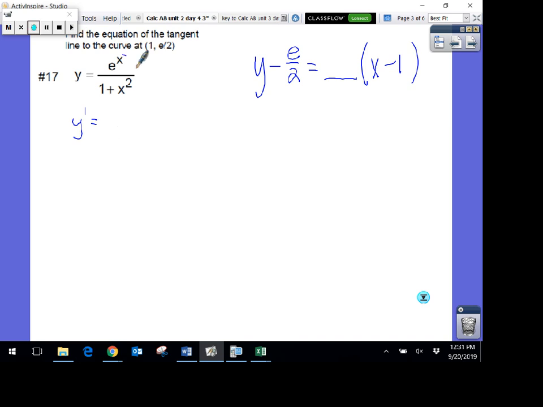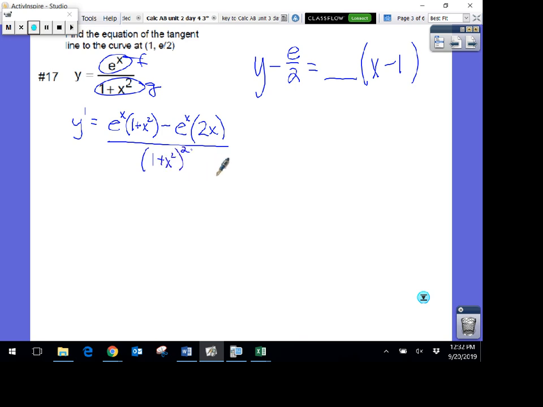All right, so this is our f, this is our g. So f prime, the derivative of e to the x, is e to the x times g minus f, e to the x, times the derivative of g. 0 plus 2 comes down, x to the first. So 2x. All over 1 plus x squared, squared.